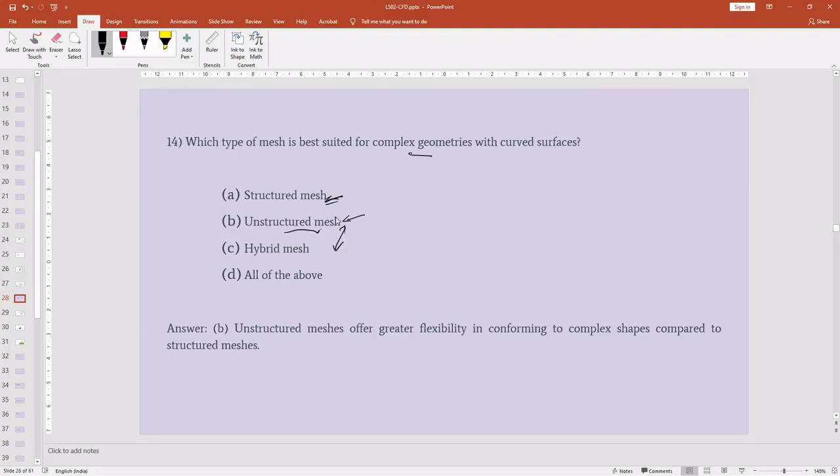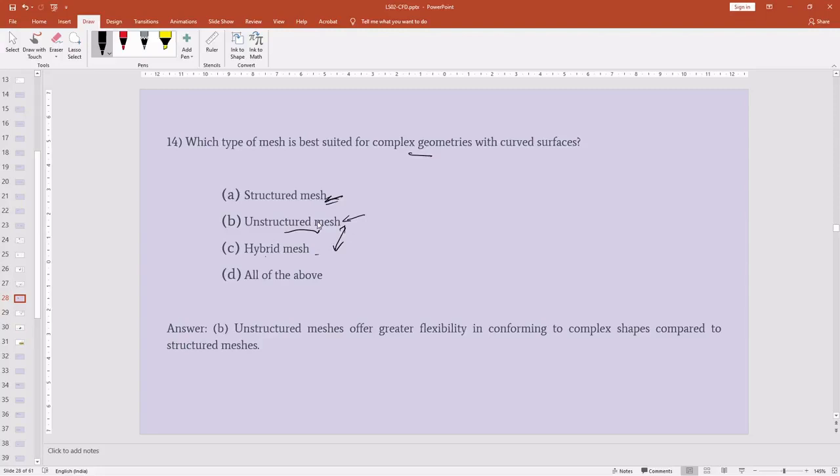The process is simple, but we have to find proper algorithms. Hybrid mesh can also be used. Hybrid mesh is a combination of structured and unstructured mesh.